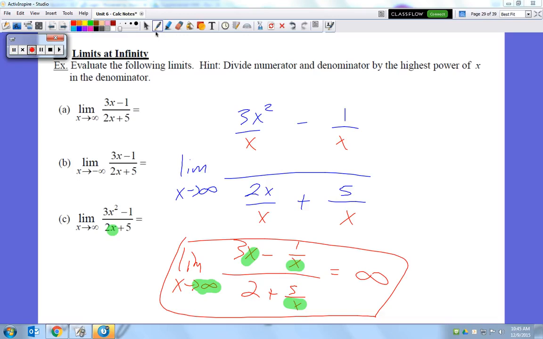Guys, remember, these went to 0, and this went to 0. Why did those go to 0? Because the bottom was growing exponentially. So 1 divided by a huge number is a very small number, which is 0. And 0 doesn't have positive or negative, it's just 0.